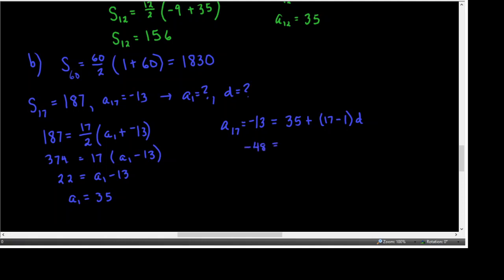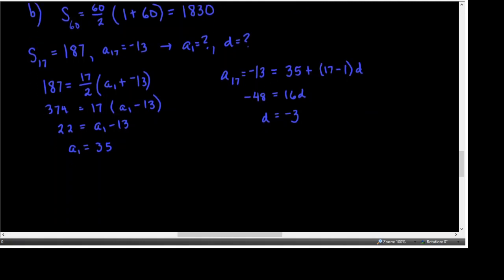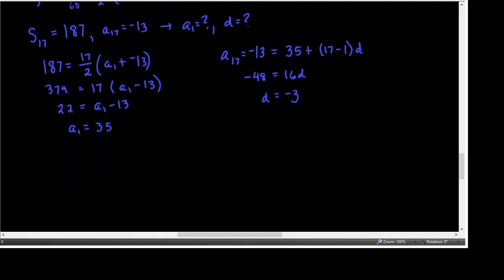And of course 17 minus 1 is 16, times d, and then dividing both sides by 16 gives me negative 3. So that's the common difference, and there are my two answers. You're probably noticing that we're using those formulas that I ask you to memorize quite extensively. So you need to get used to knowing those formulas and substituting into them correctly.